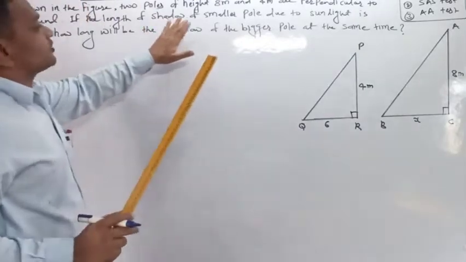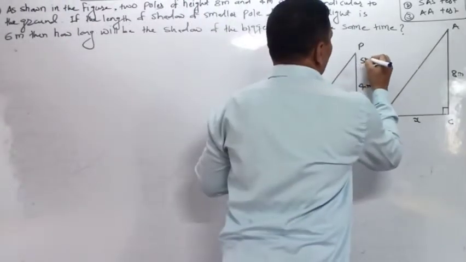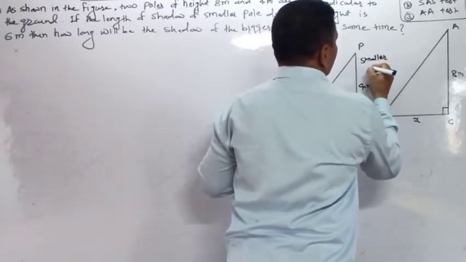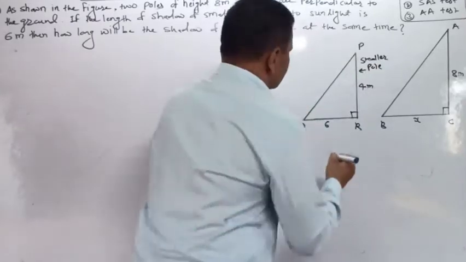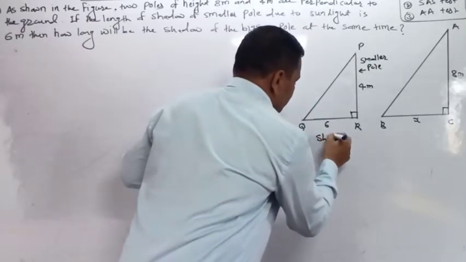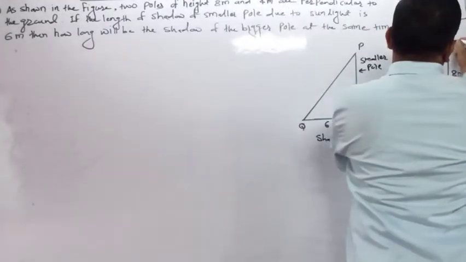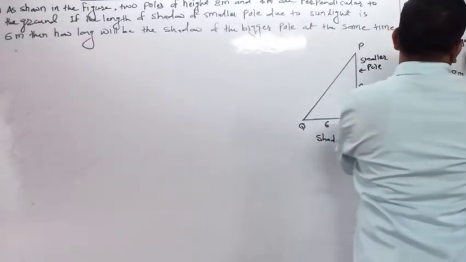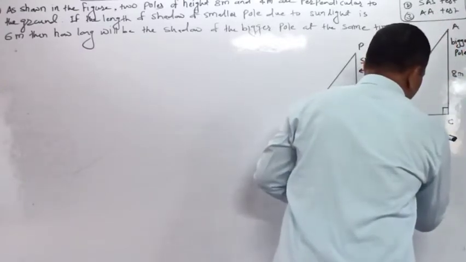If the length of the shadow of the smaller pole, this is the smaller pole and this is its shadow, right? And this is the bigger pole, and this is its shadow, right?